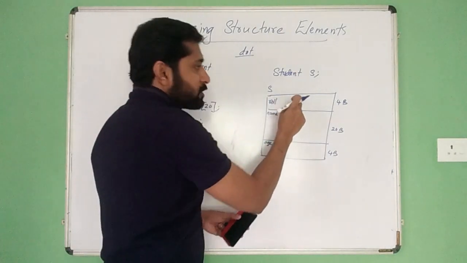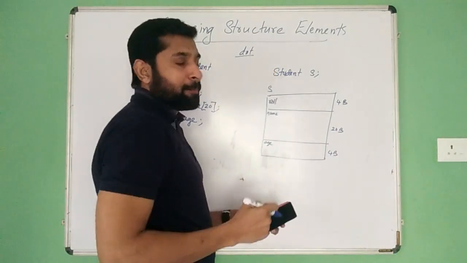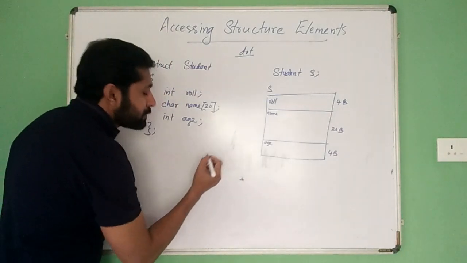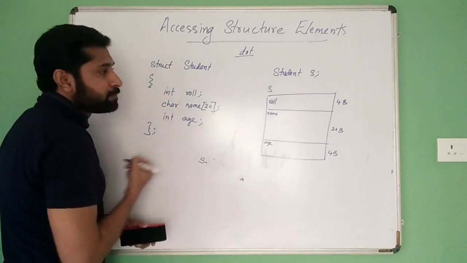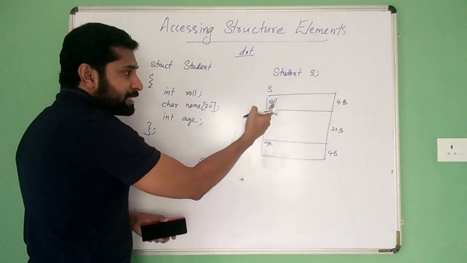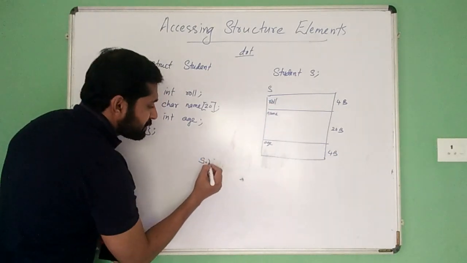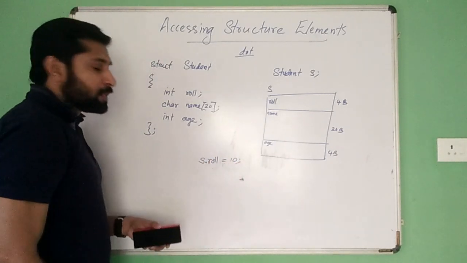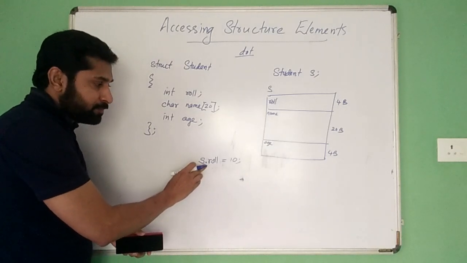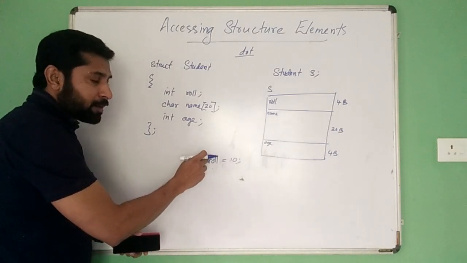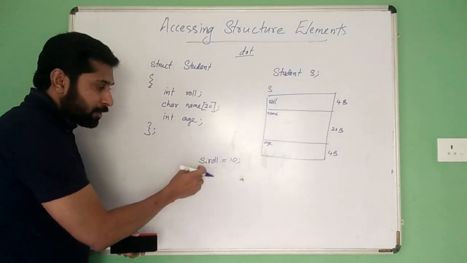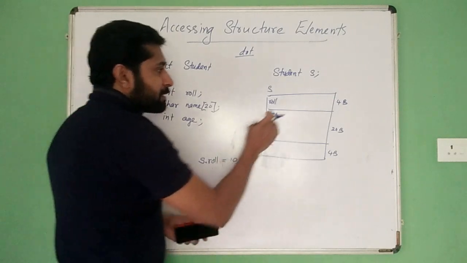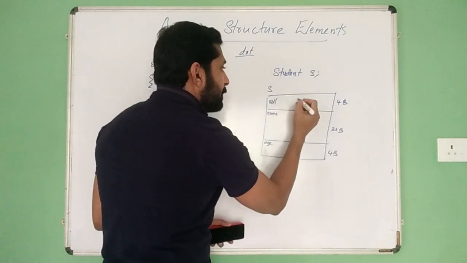Now, in order to store some value to this area, we have to write a statement like this: S dot roll equal to 10. So we are using this dot operator. This 10 will be assigned to this part. After executing this statement, the content of this area will be 10.